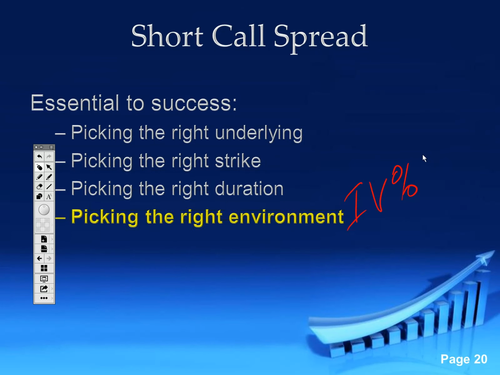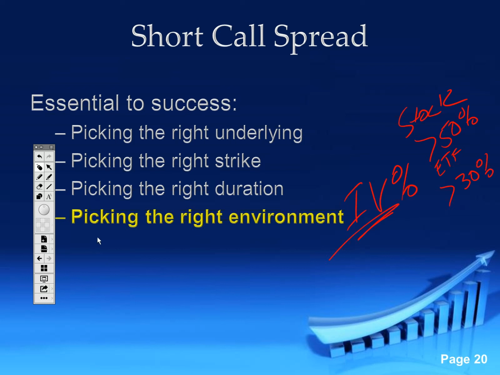When we're talking about IV percent, for a stock we want this IV percent to be greater than 50%. For ETFs, we want it to be greater than 30%. Now, if you are newer to this, what is IV percent?